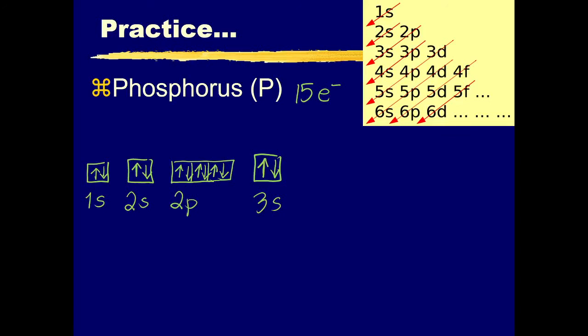Unsa may sunod sa 3s? 3p. Okay, 3p. So I have 1, 2, 3. Pila ka electrons akong ibutang diri section emerald? Tulo. Kay nanakoy 12 diri, I need 1, 2, 3 para nanatay 15 ka electrons ana.